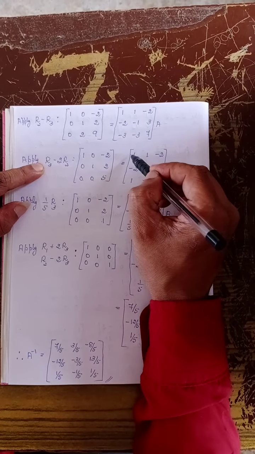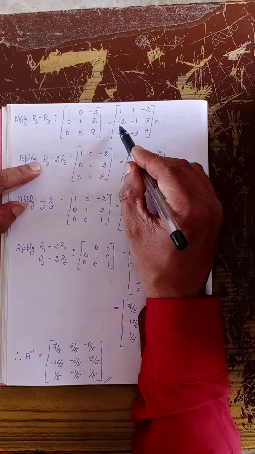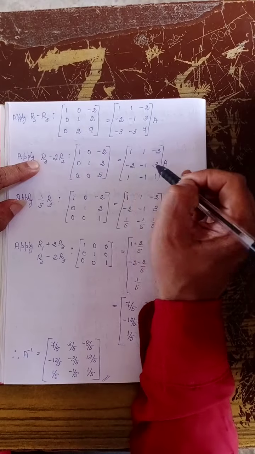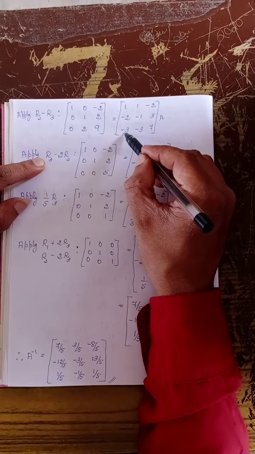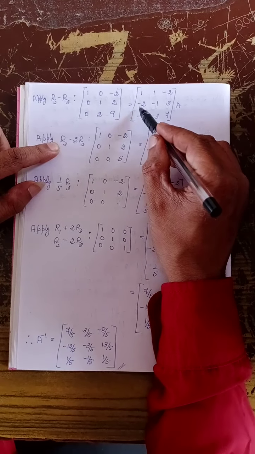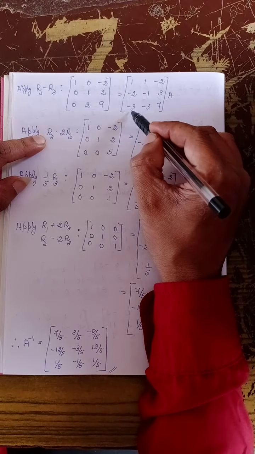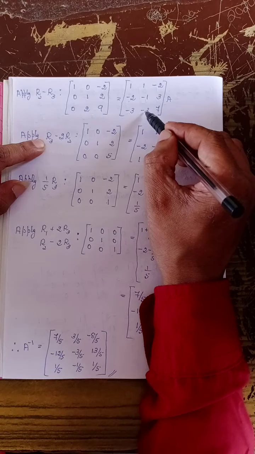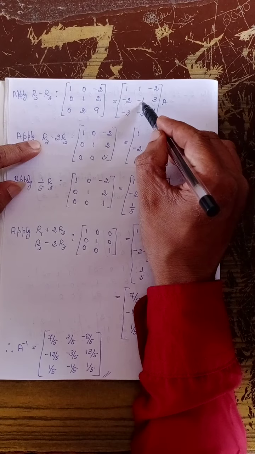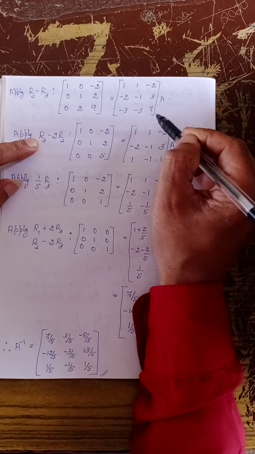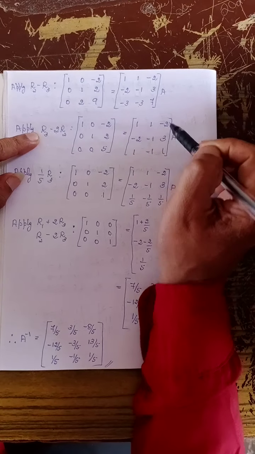On the right side the first row remains the same, 1 1 minus 2, the second row also the same, minus 2 1 3, and the third row minus 2 into R2: minus 3 minus 2 into minus 2 will be 1, minus 3 plus 4 is 1, and 0 minus 2 into 1 is minus 2, and 7 minus 2 into 3 is 1.